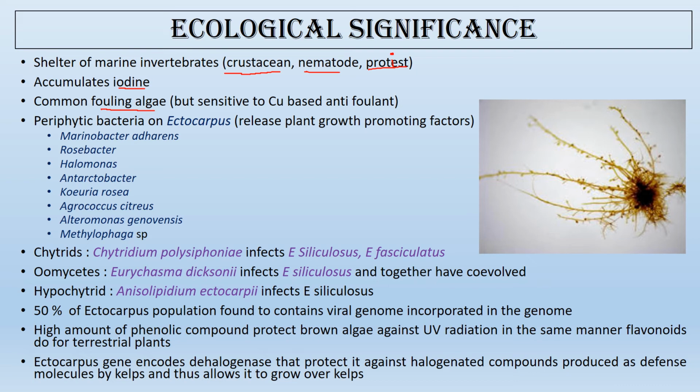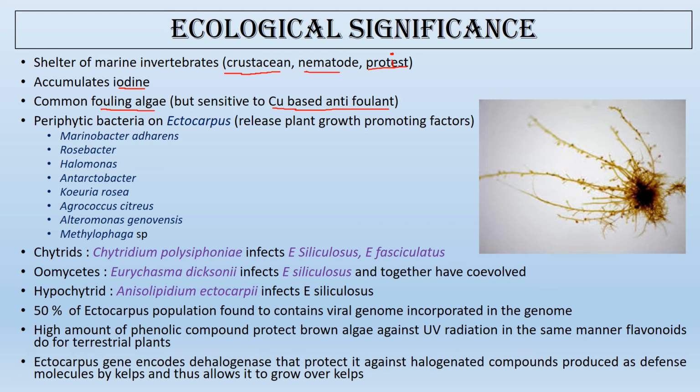However, Ectocarpus can be controlled with copper-based antifoulants. And this copper-based antifoulant is also very effective against the bivalves. We know that bivalves are a very common type of foulant. So the copper-based antifoulant acts both on the bivalves as well as brown algae like Ectocarpus.